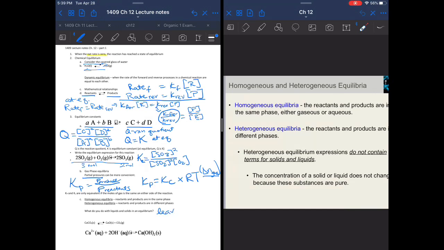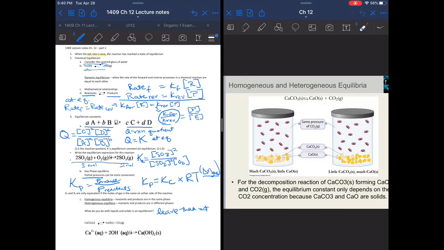You leave them out. And think about it. The concentration of a solid isn't going to change, right? As you get less of the solid, the volume is also going to go down. So it doesn't make sense to talk about them that way. So you just leave those out. They don't affect the equilibrium expression.